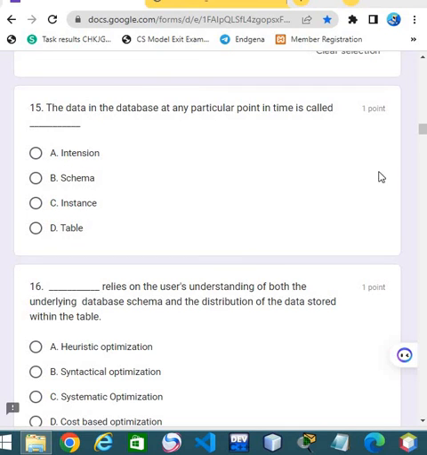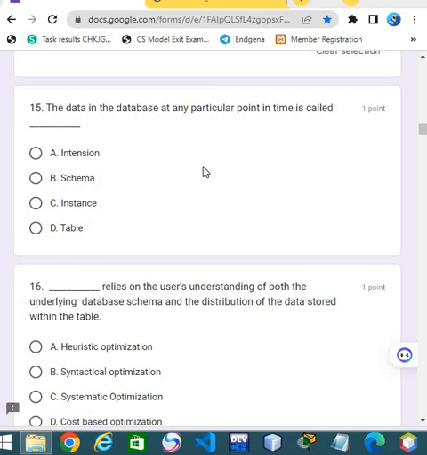Essential refers to the context of the database. It typically refers to the definition or specification of a database schema.